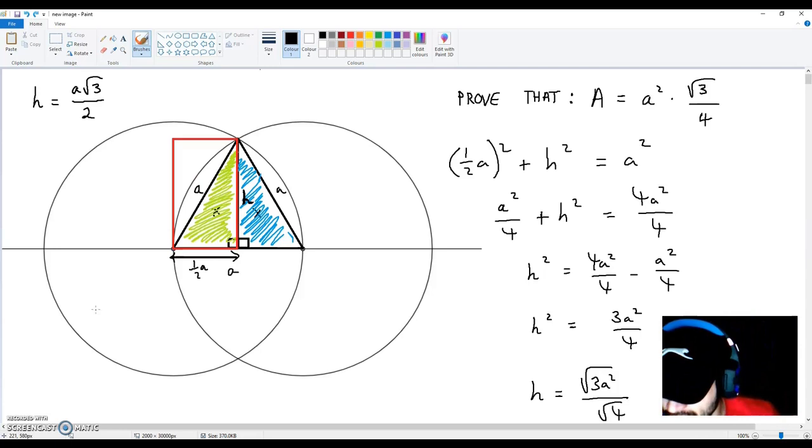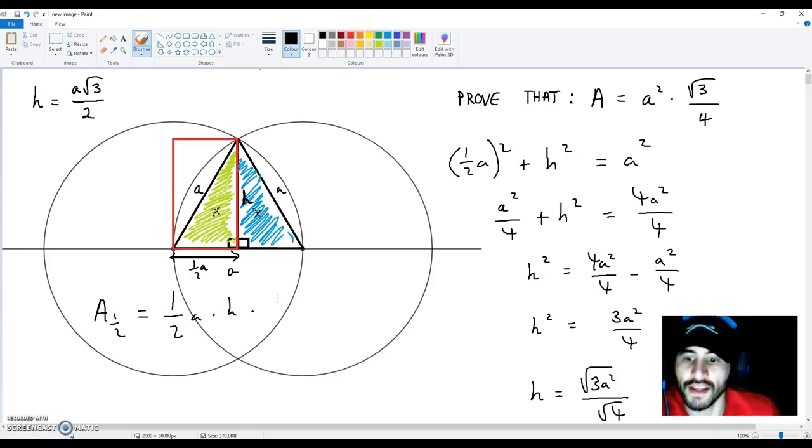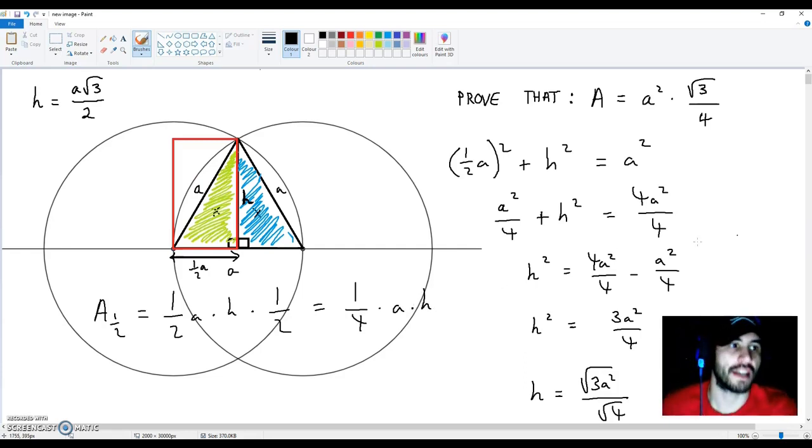We are going to say that half of the area of the equilateral triangle is equal to half a multiplied by h divided by 2. Now this is equal to a quarter multiplied by a multiplied by h.